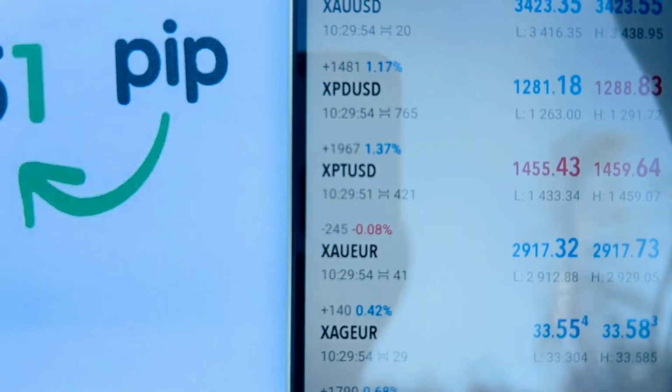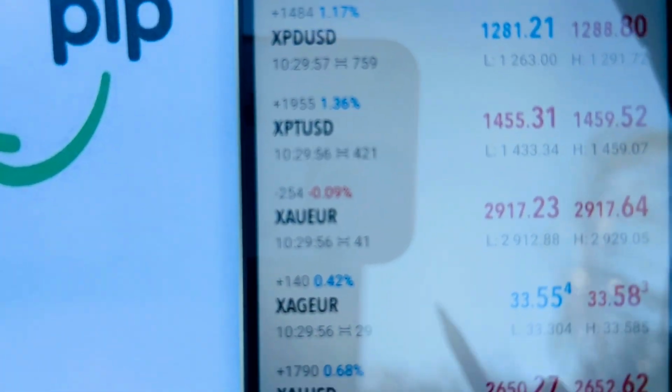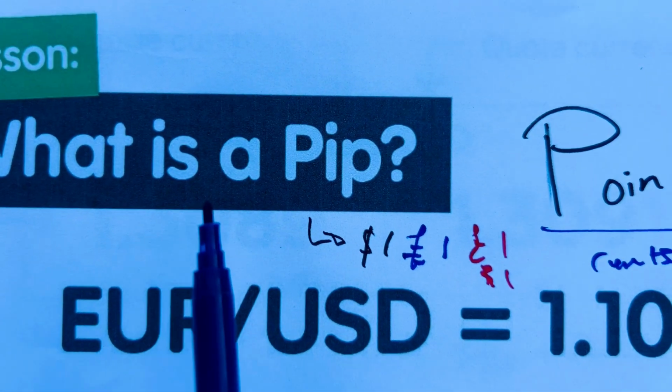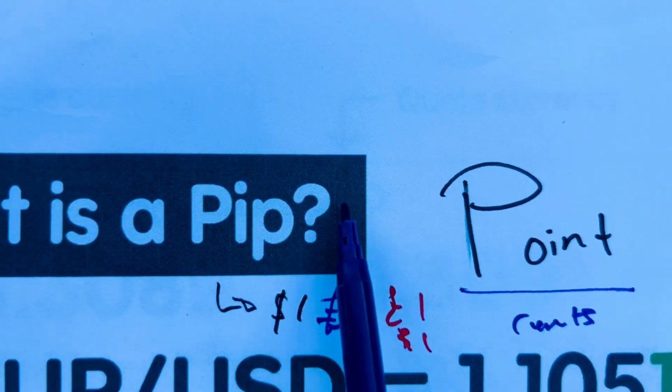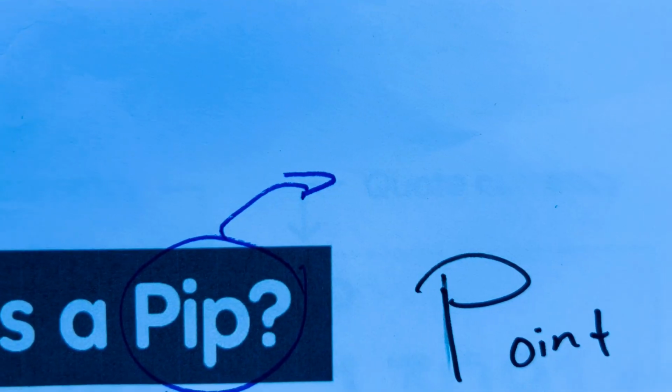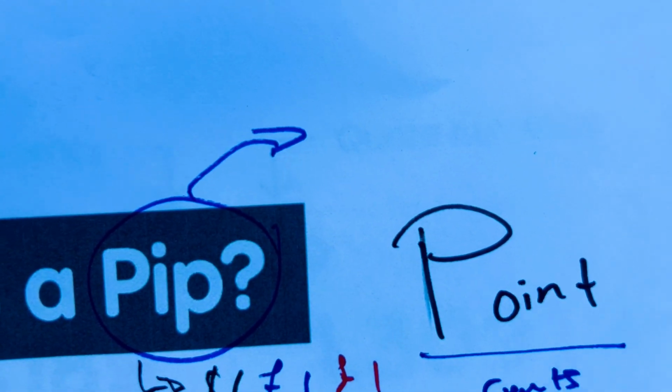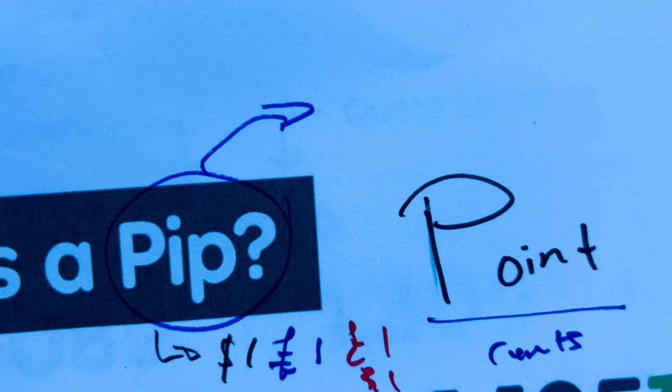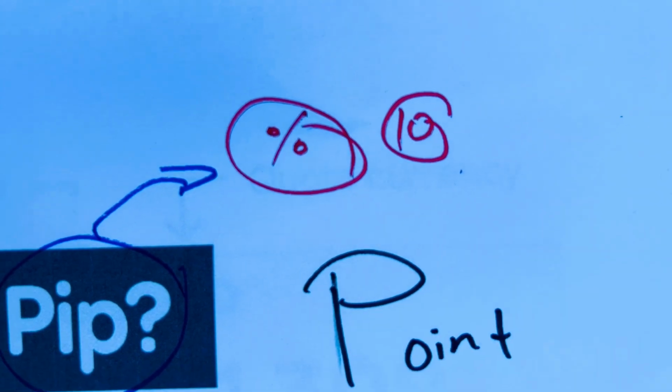Let's understand everything so that you know what's happening here. What's a pip? What's a point? If you're a beginner, a pip is a short term that stands for percentage in point, and we're talking about 10 here.